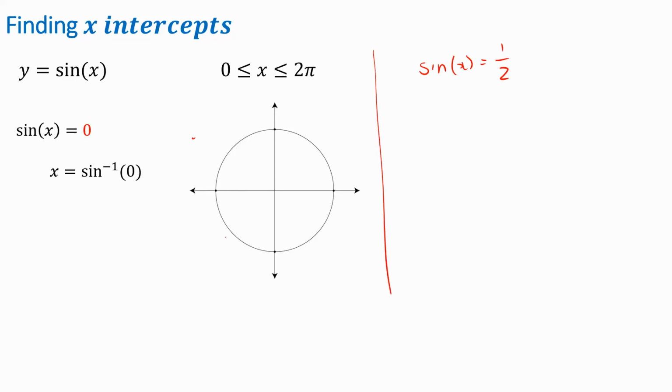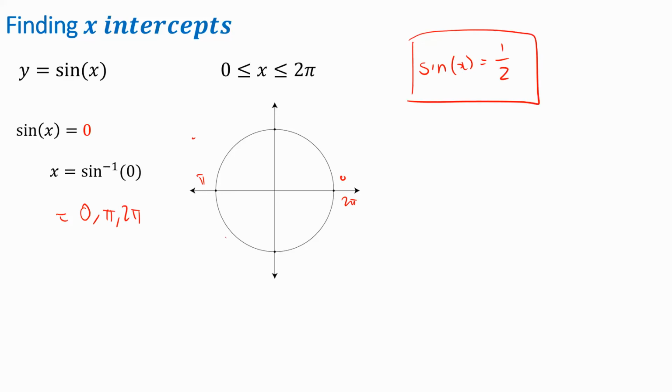Sine of x equals half. Let's go with that because the example we just did gave us 0, pi, and 2 pi. It was very obvious by looking at it, right? Let's do one where you don't get that. So let's do the same thing. I've still got 0, pi, 2 pi, but the question now is asking you, when will the y values be half?